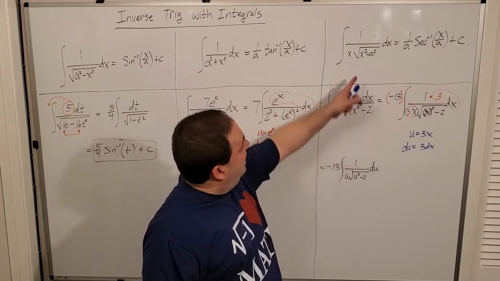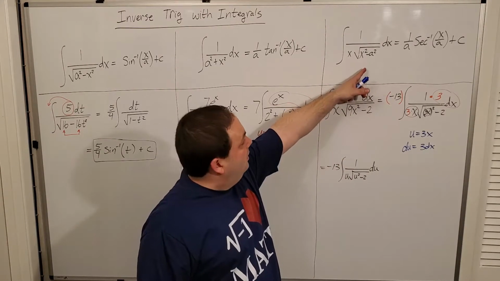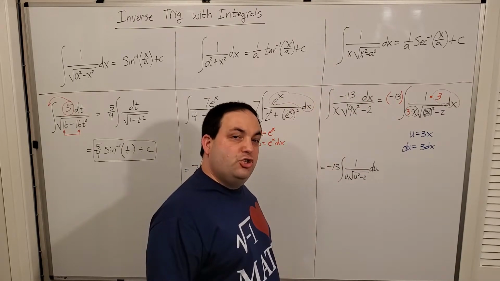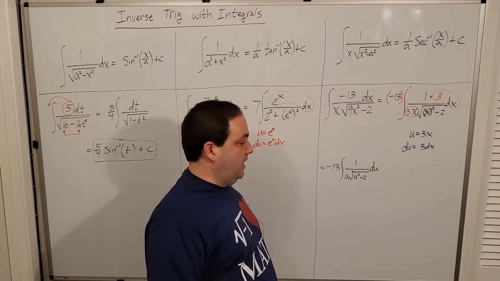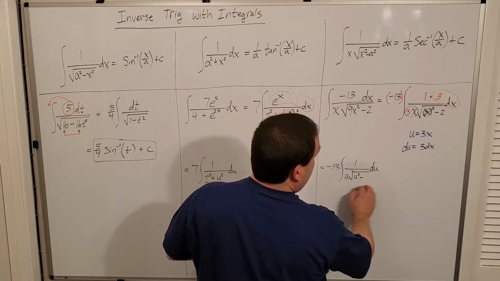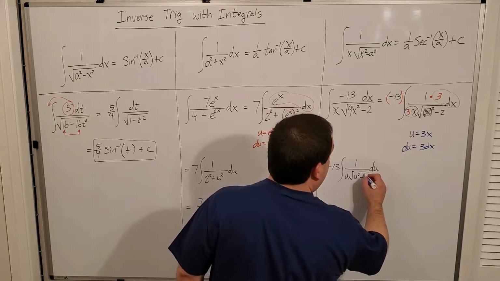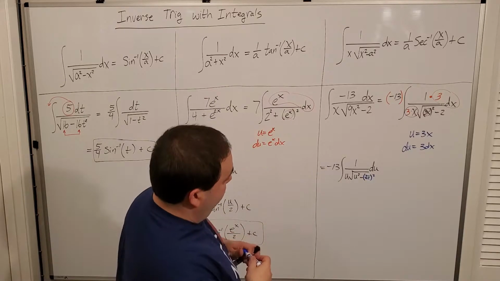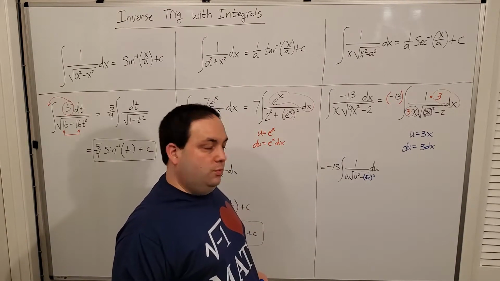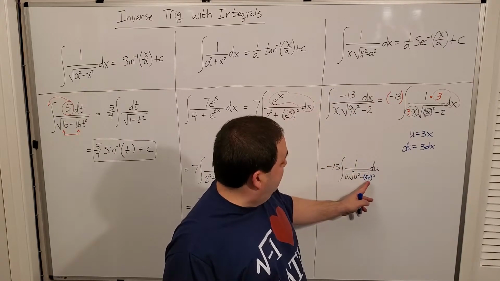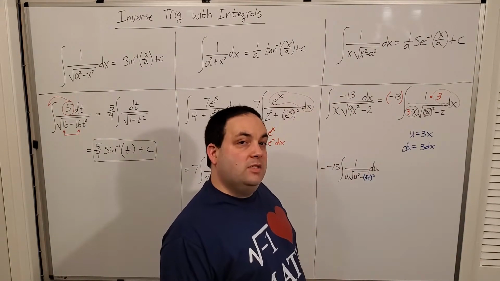I still don't have it totally like that pattern though, because the a squared needs to go there. How can I take the number 2 and write it as something squared? Well, instead of 2, I'll just write the square root of 2 squared right there. Then I now can see that my a value of this one is going to have to be the square root of 2.